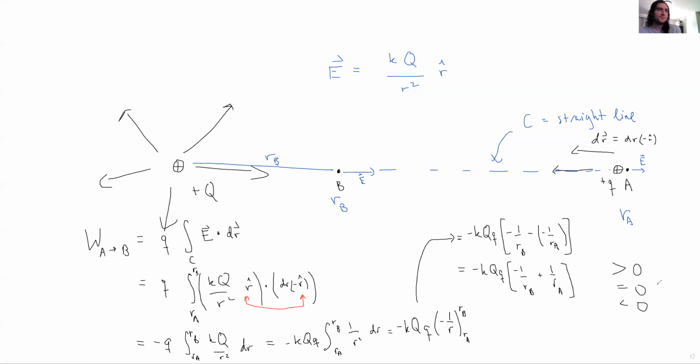Okay. This is our answer here though. We can clean this up a little bit. We can distribute the minus KQq. So we have K big Q little q over RB minus K big Q little q over RA, like so.